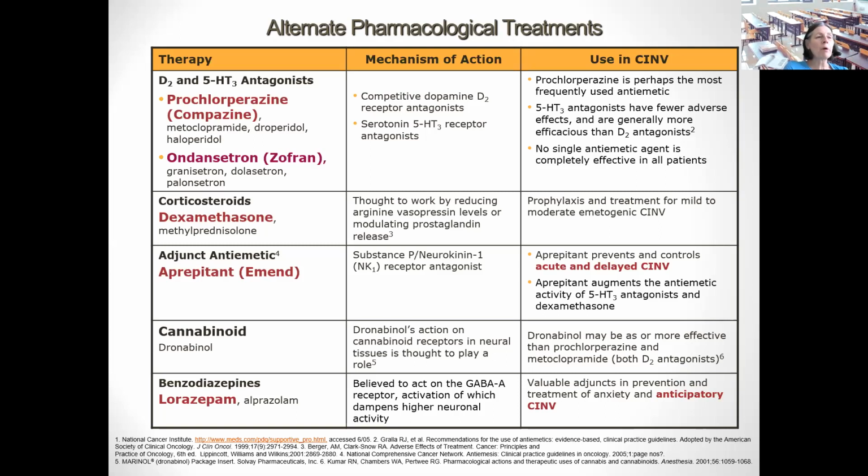Zofran is probably the most effective thing. The serotonin 5-HT antagonist, not a reuptake inhibitor, an antagonist, Zofran, which is ondansetron. I think that was one of the drugs you learned in your pre-medication quiz at the beginning of the semester. They're used for chemotherapy-induced nausea and vomiting.